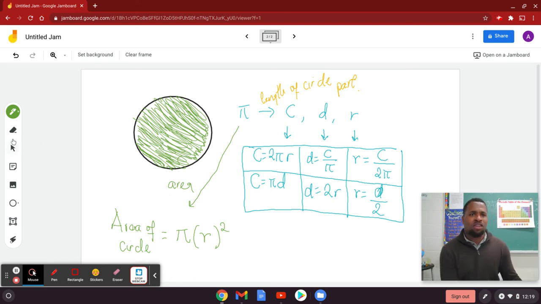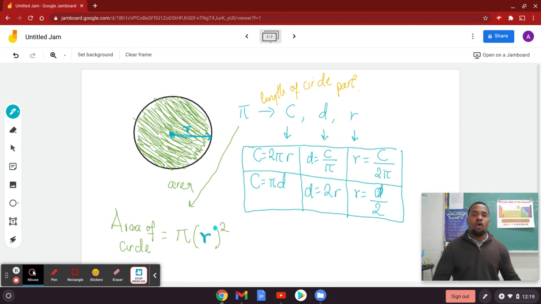And what do I mean by radius? Remember that radius is the distance from the midpoint of this circle to the outer line of this circle, or to the circumference, or one end of the circumference of the circle. That is one thing to remember, which is represented as r. So r here is the same thing as what you see right in here.